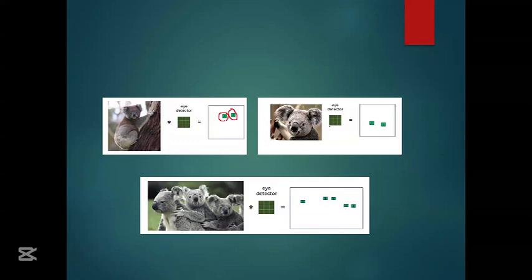So for this image, you can see this kind of output in the feature mapped image. When you apply the eye detector to this image, there are three colors here, and you will get this kind of feature map.